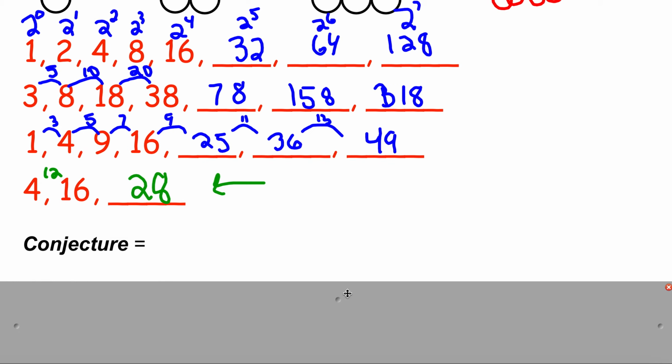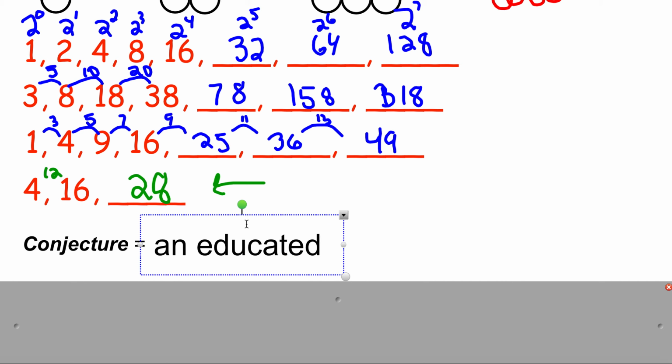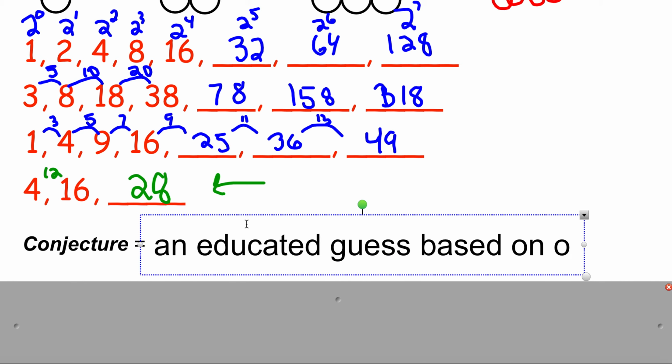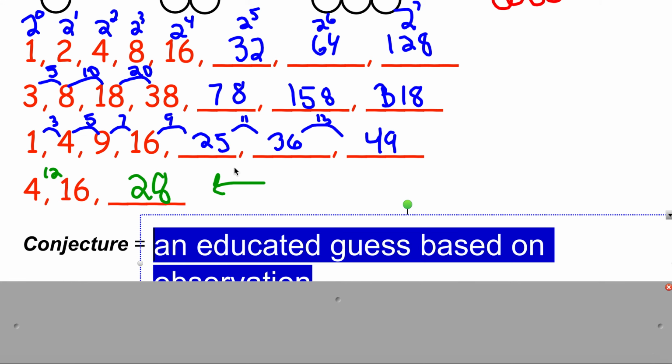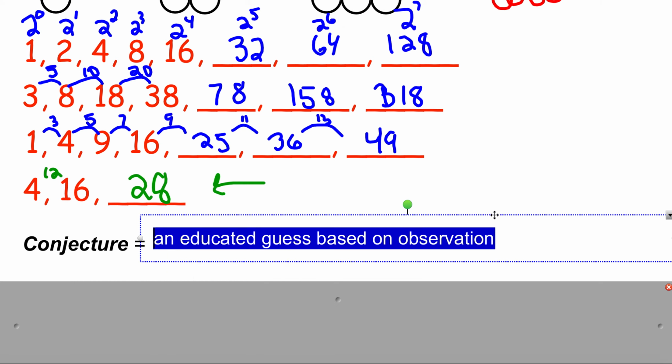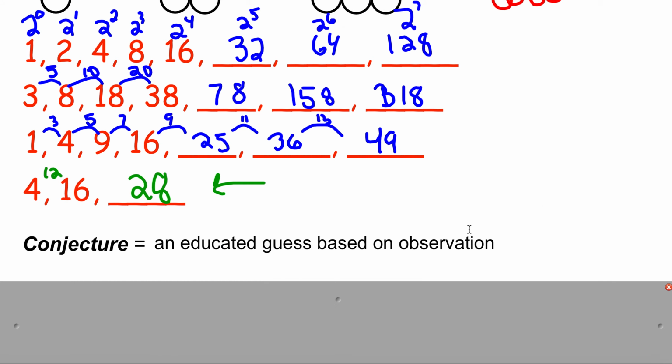Those terms are conjecture. And I want to define what a conjecture is, and I want you to write this down, and this will also be on your definition sheet. But a conjecture is basically an educated guess based on observation.